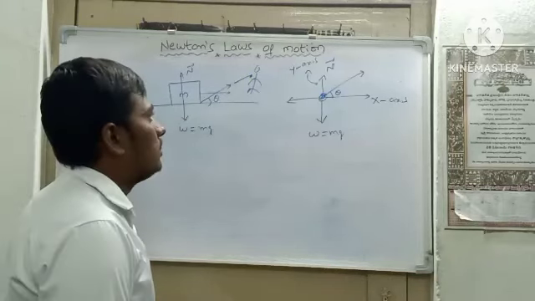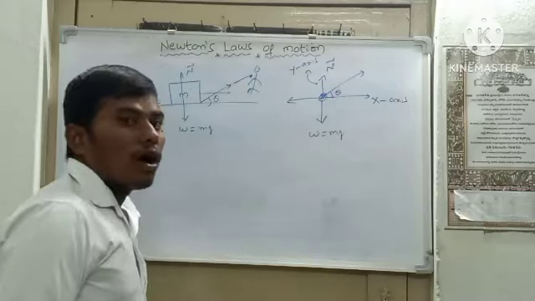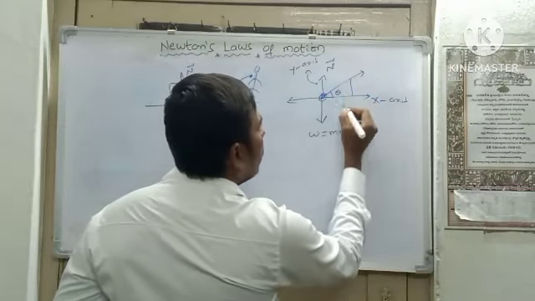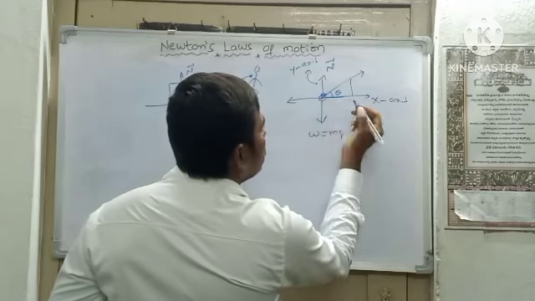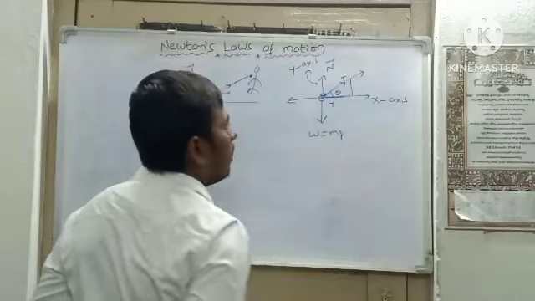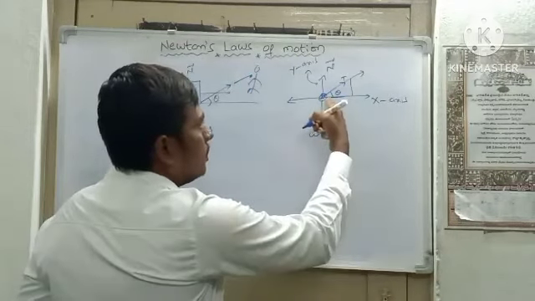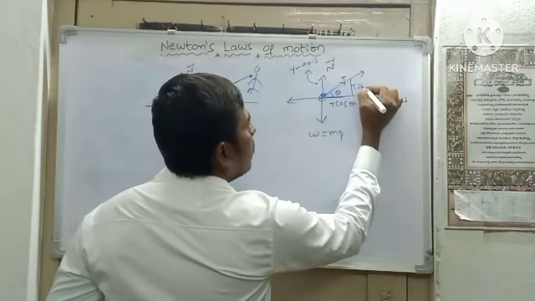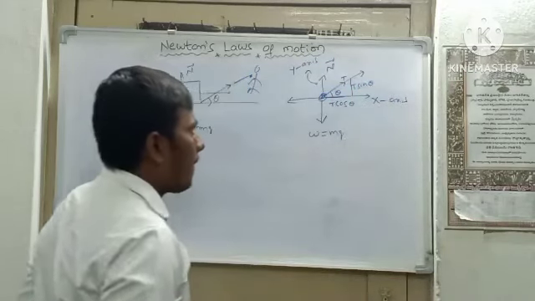So first, according to trigonometry, this is the tension T applied on the body. So this is T cos theta, and this is T sin theta.